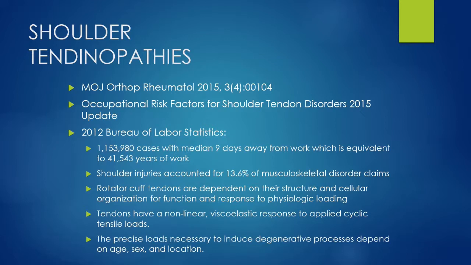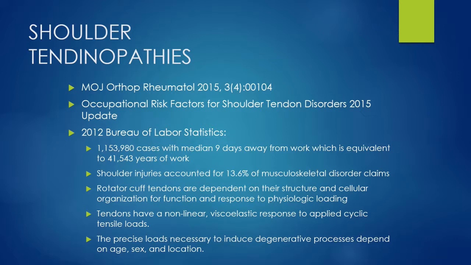Well, of those 1,100,000 cases, shoulder injuries accounted for 13.6% of the musculoskeletal disorder claims. So somewhere between 10 and 15% of all MSWDs involve the shoulder.